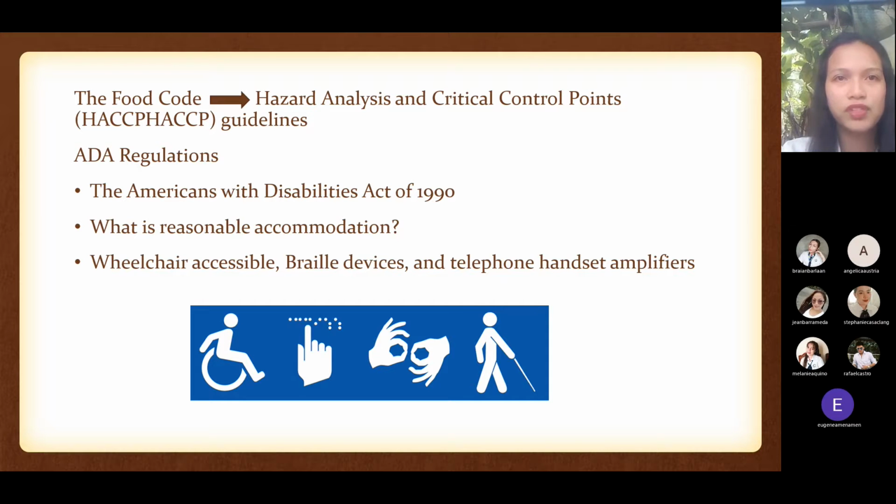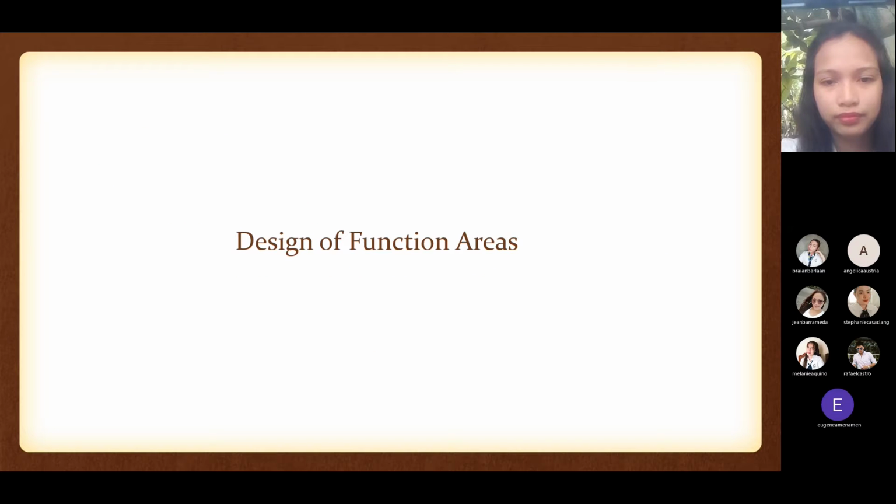Accommodation can be religious, physical, mental or emotional, academic, or employment related, and is often mandated by law, like wheelchair accessible, braille devices, and telephone handset amplifiers. Next reporter.